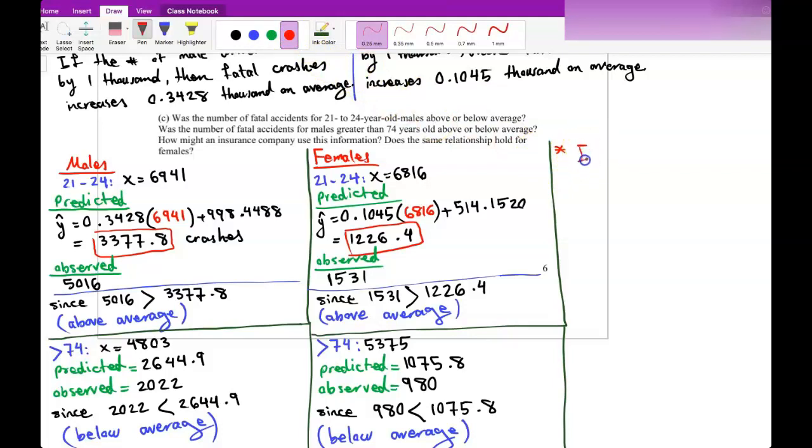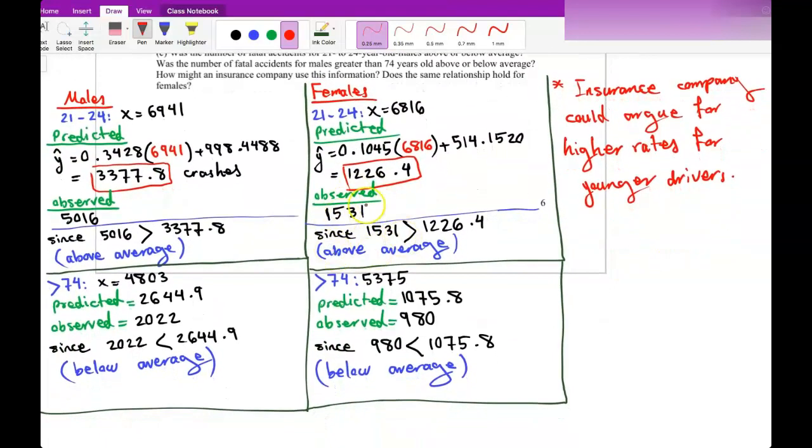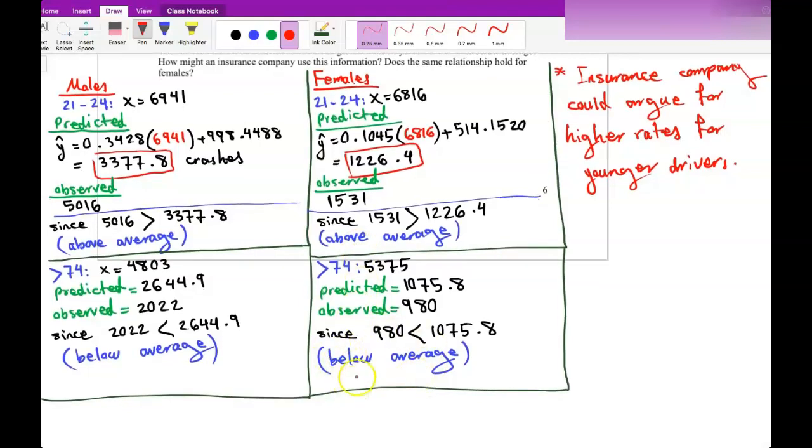The insurance company may have higher rates for younger drivers, because for this age group we had above average, but this age group was below average.